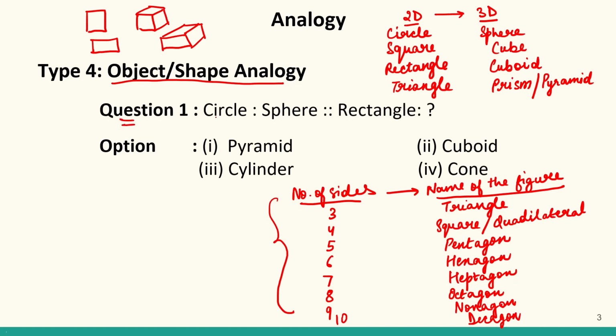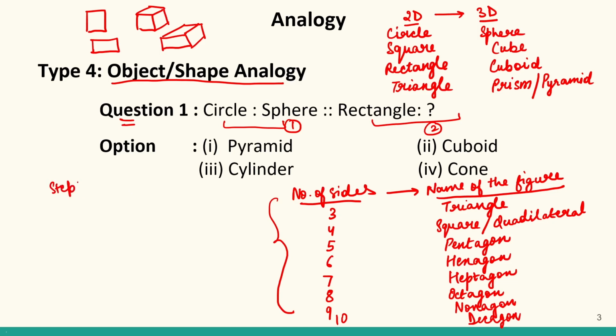So over here in question number 1, circle and sphere is the first pair and we have to find the missing element of the second pair. We used to solve questions of analogy in 2 steps, right?